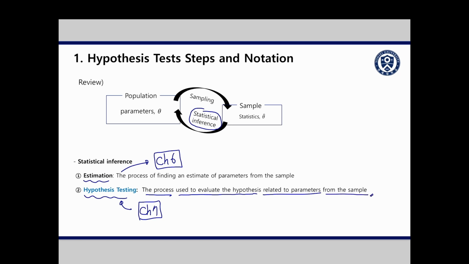For example, we hypothesize that the parameter theta equals the average weight mu, such as 50 kilograms. In the weight example, testing means using the given sample to prove this.